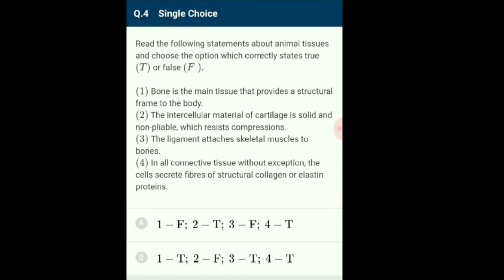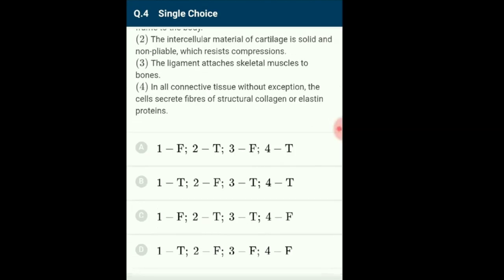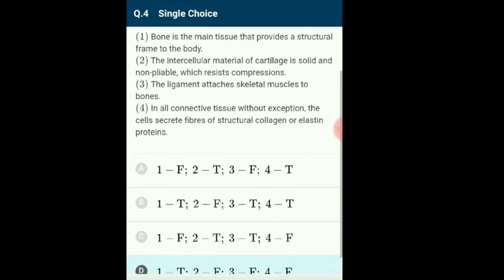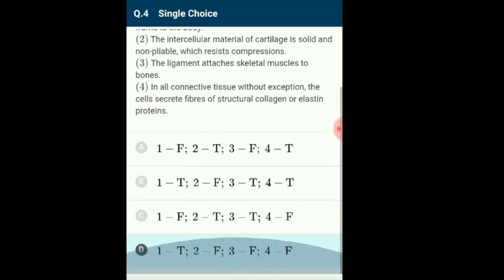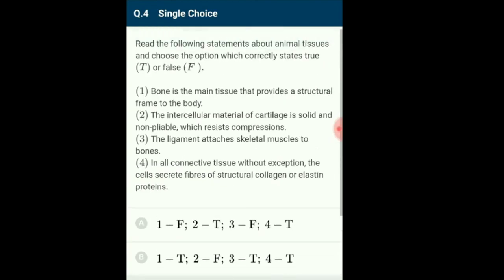In all connective tissue except blood, the cells secrete fibers such as collagen or elastin proteins. So the answer for this question is option D. First statement is true, statement 2 is false, statement 3 also false, statement 4 also false. From the given 4 statements, statement 1 alone is true, the remaining 3 statements are wrongly given.